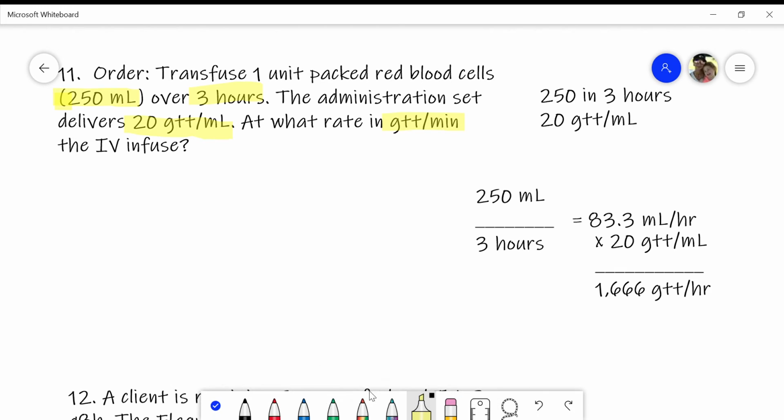And I'm going to cross it out. I'll cross out my milliliters. That's how I know I'm getting the GTT an hour. And then again, we're going to divide that by 60 minutes so we can get our per minute. Let's see.